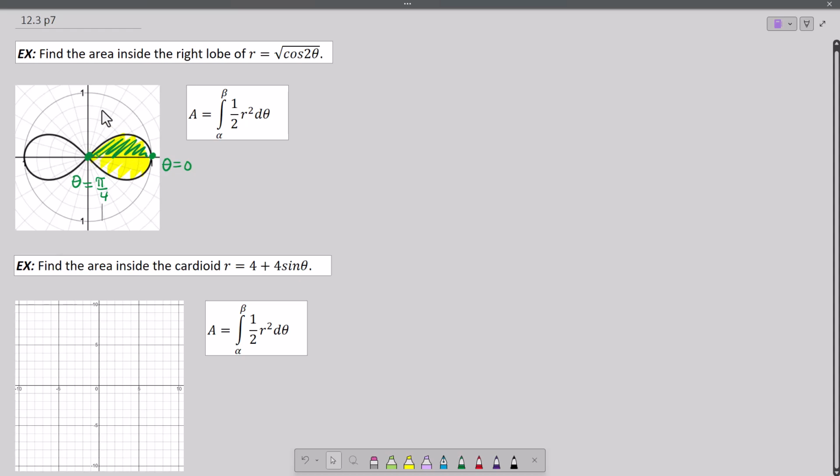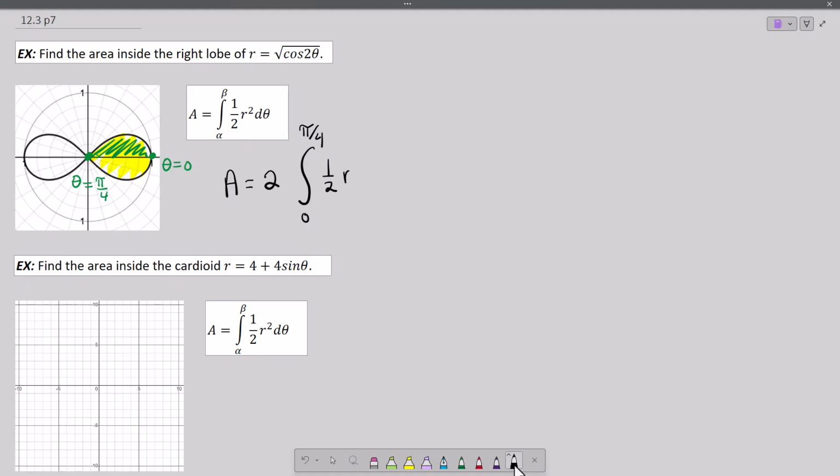So what we are going to do is say that the area will be 2 times the integral from 0 to pi over 4, 1/2 r squared d theta. And then our function is going to get plugged in for that r value. The 2 and the 1/2 simplify. We're going to get pi over 4 up here.